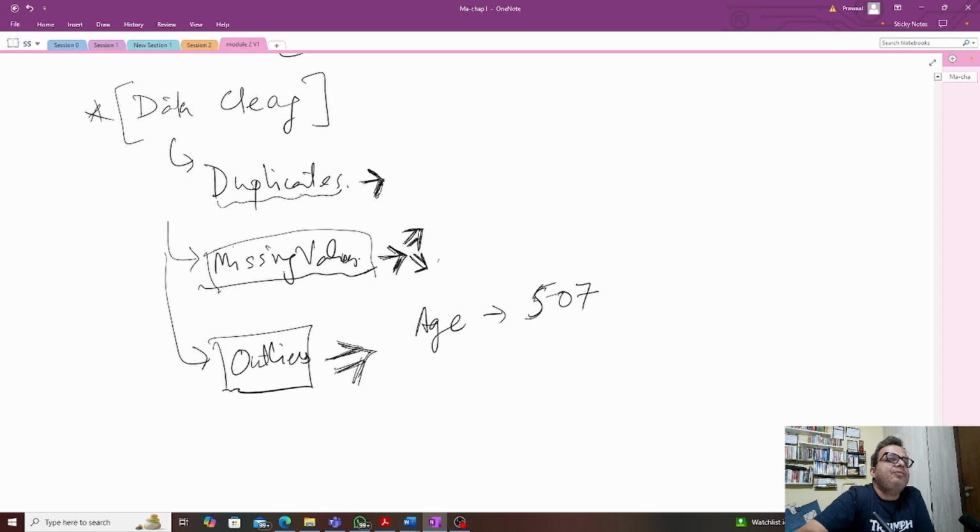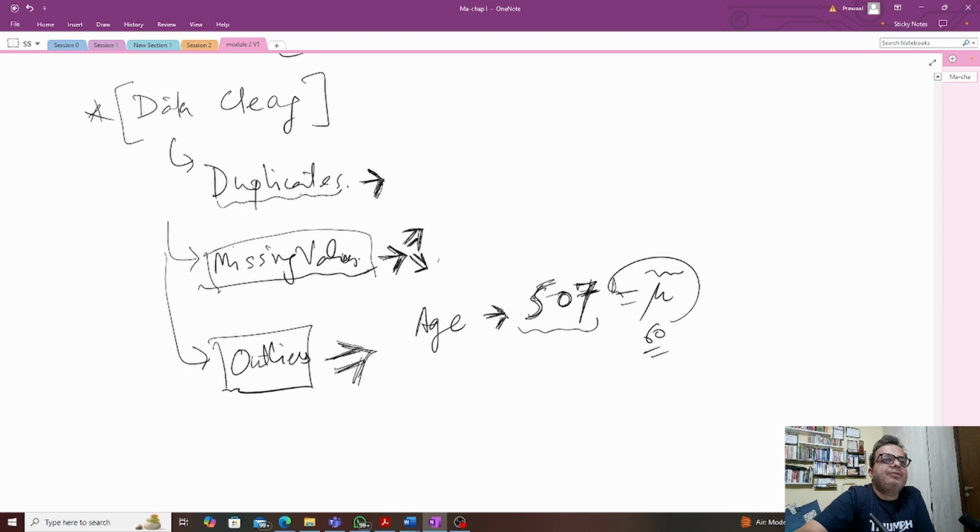A human mind will know that this kind of age for a human being is not possible. But when you let the algorithm analyze it, this kind of value is going to heavily impact the mean value of that system. Say the mean value of your age is 60.